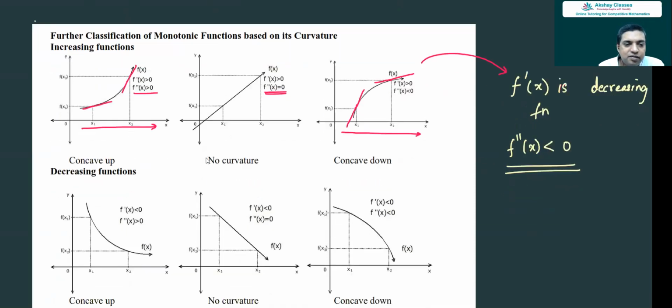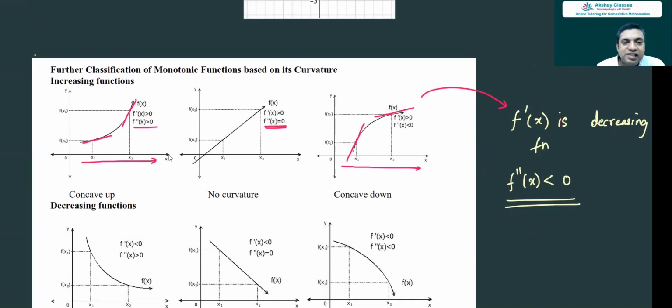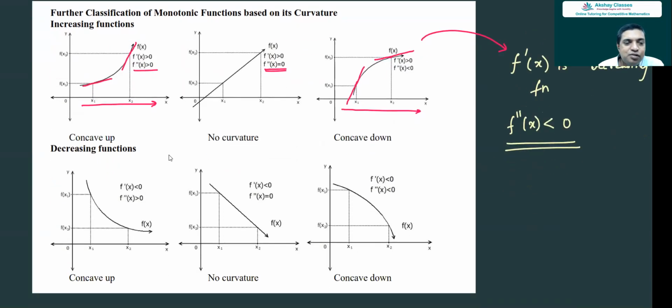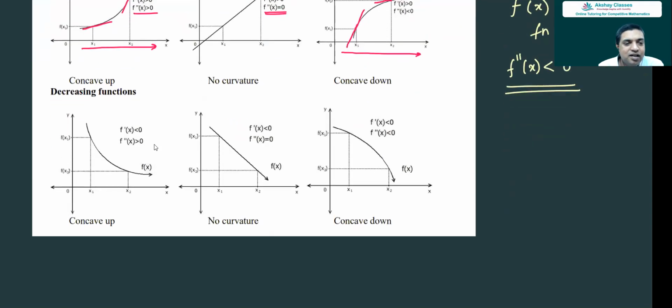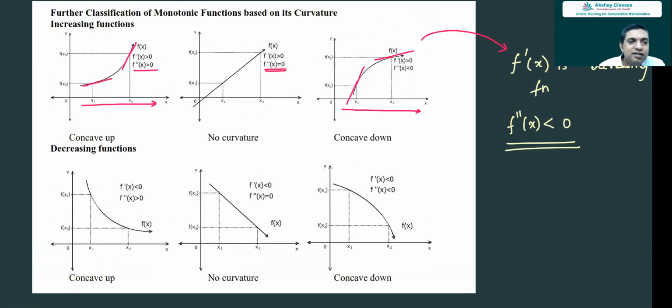F double dash x will be negative. Now, same concept, let us look at decreasing functions. Decreasing functions, it is very clear. The function is decreasing. At every point, f dash x will be negative. You see the tangent here.